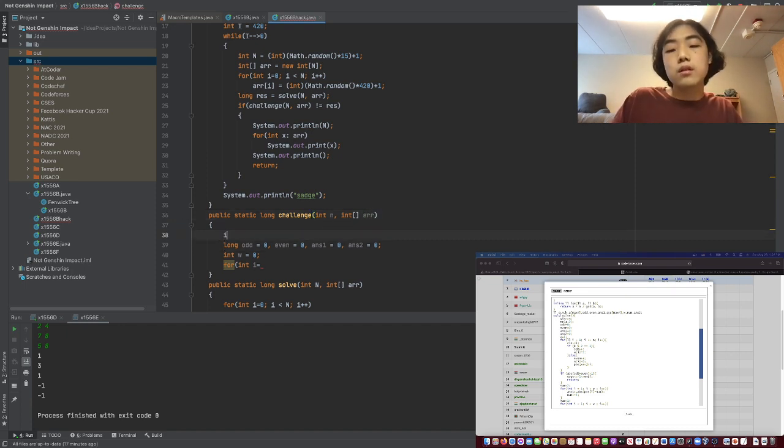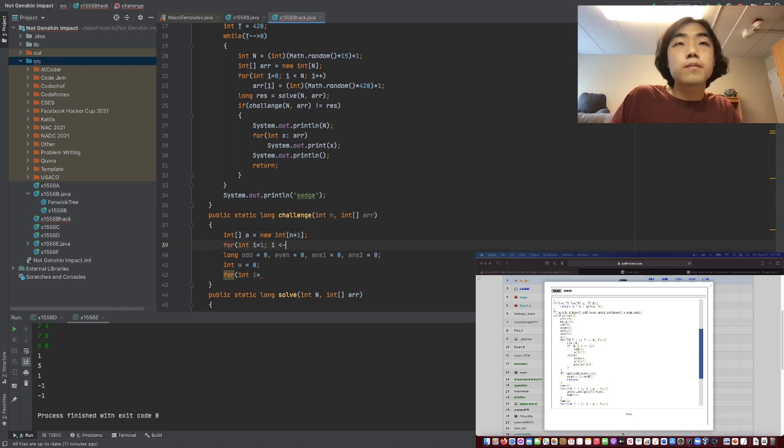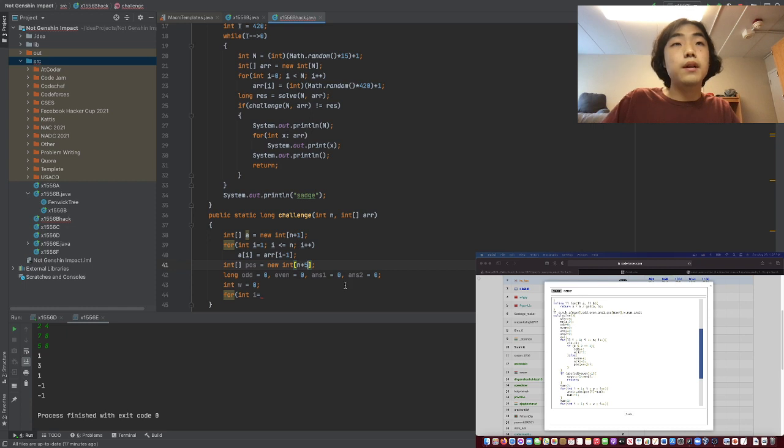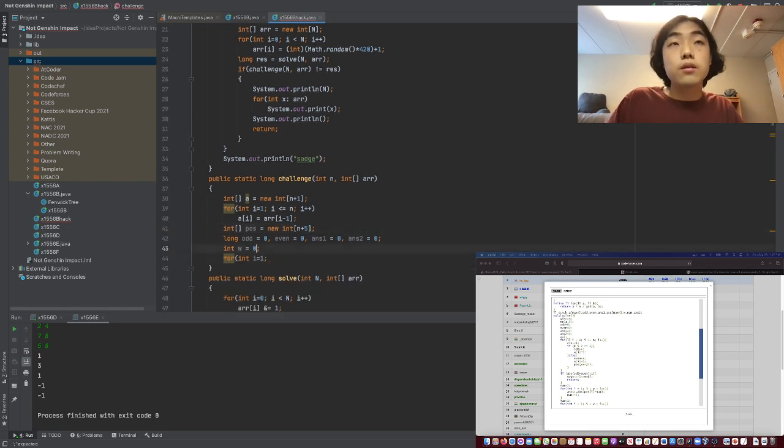I'm gonna, A is equal to this. Int pos n plus 1, this plus 1 is equal to 0, this is also 1.